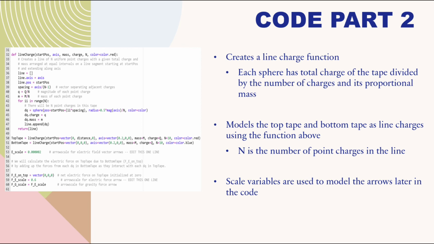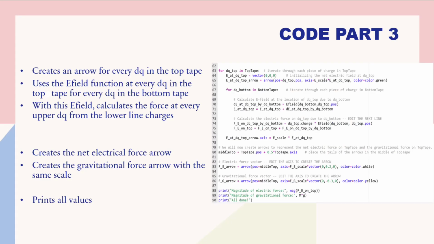We then model the top tape and bottom tape as line charges using the function we just created. In this, n is the number of point charges in the line. We use 10, however, the more you use, the more accurate Q value you will get. We then created some scale variables which will be used to scale the arrows later in the code. We then create an arrow for every segment of charge in the upper tape. To do so, we used the electric field function we previously defined.